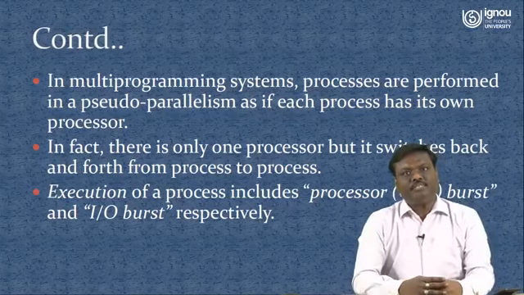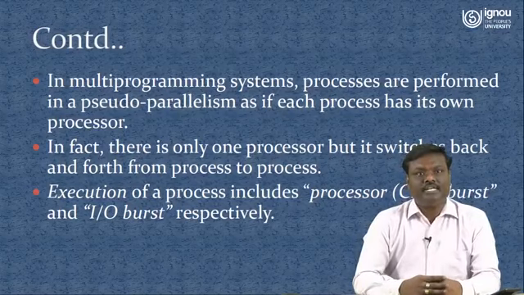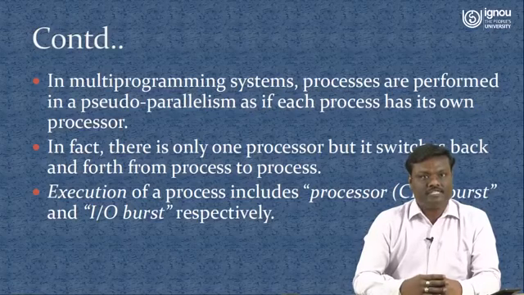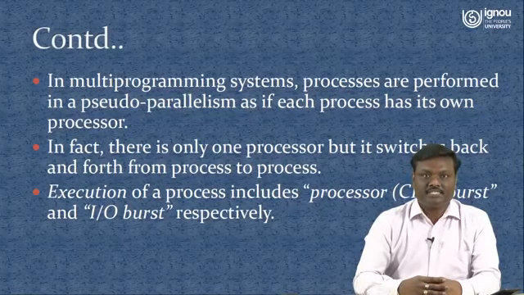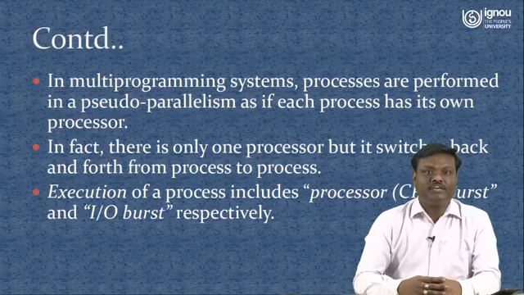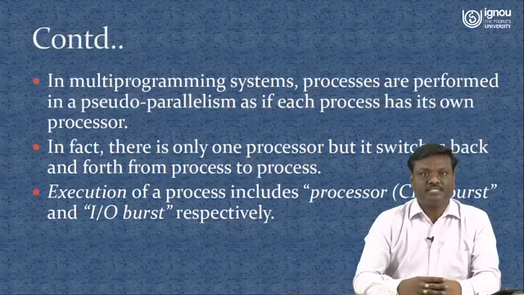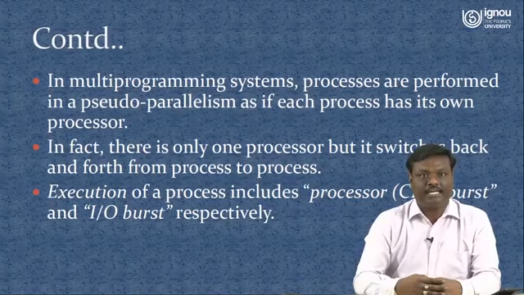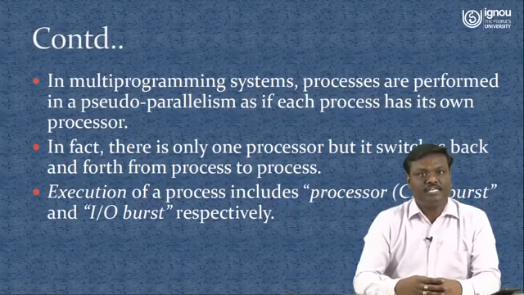In a multiprogramming system, processes are performed in pseudo-parallelism. A program may have a condition, and depending upon the condition, a function may be invoked, and that also can be called a sub-process. Or else, the main program may initiate two processes running in parallel. These may be the cases in parallel programming systems.